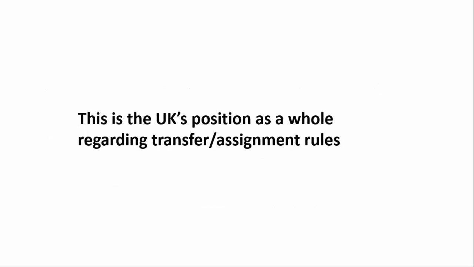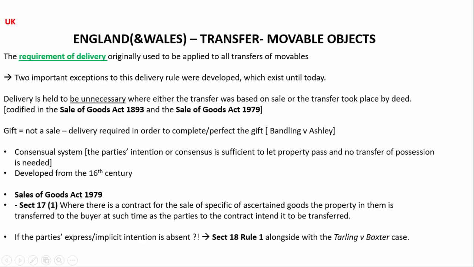Ladies and gentlemen, as my colleague said, I would now like to discuss the UK's position as a whole regarding transfer and assignment rules. So starting off with England and Wales, regarding the transfer of movable objects, the requirement of delivery plays a crucial role, and originally it used to be applied to all transfers of movables.